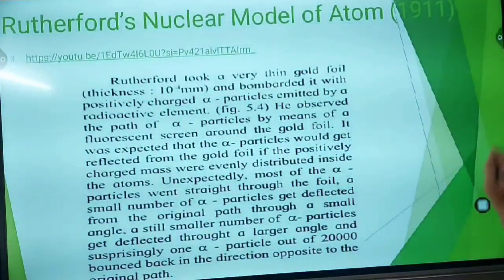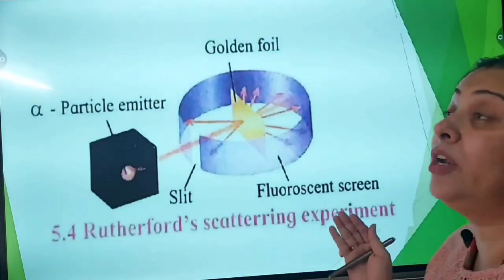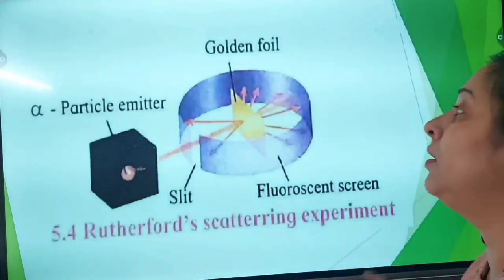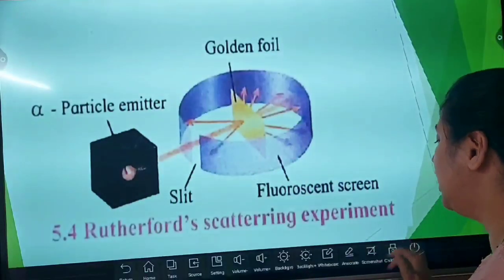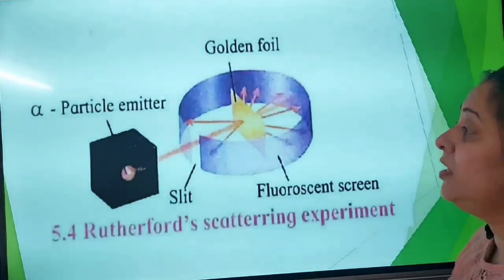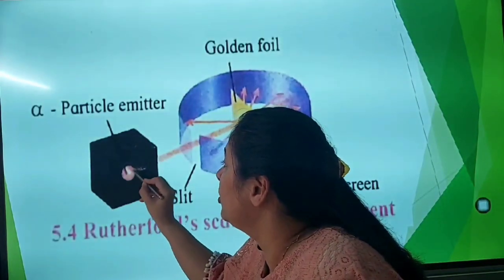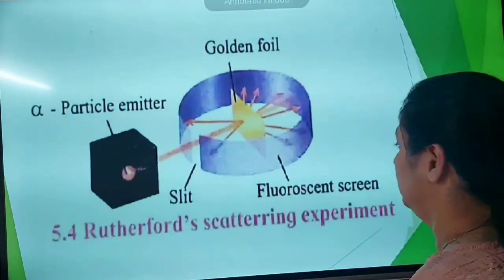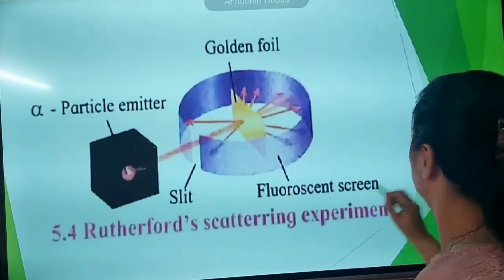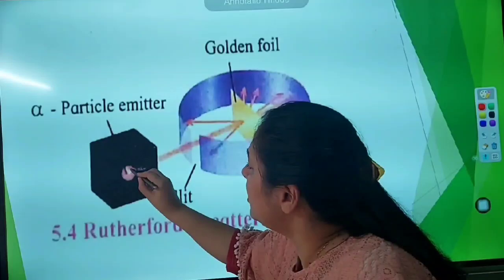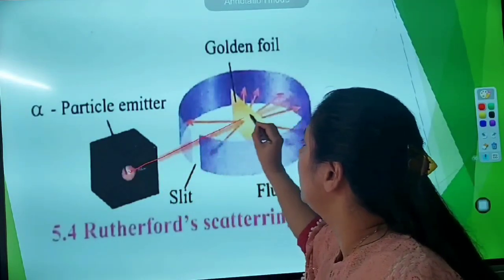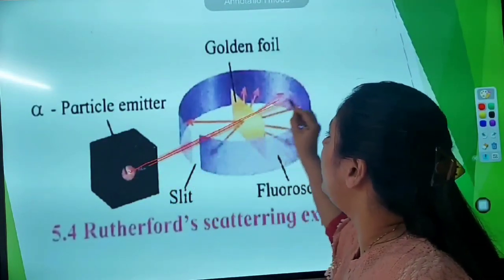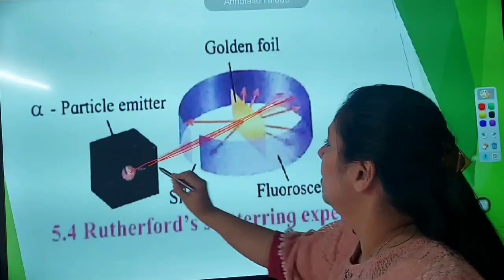Okay, and it was quite unexpected because they were all believing Thomson's theory. So if you see, here alpha particles shoot away from a very small point. From a very small point, they went here. Most of them went straight.